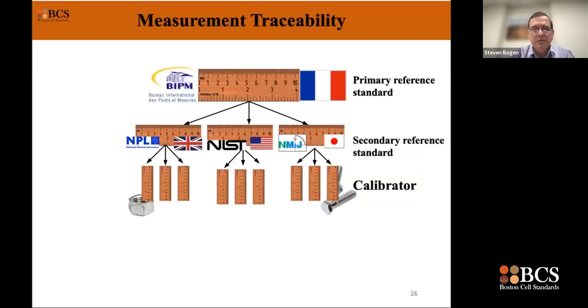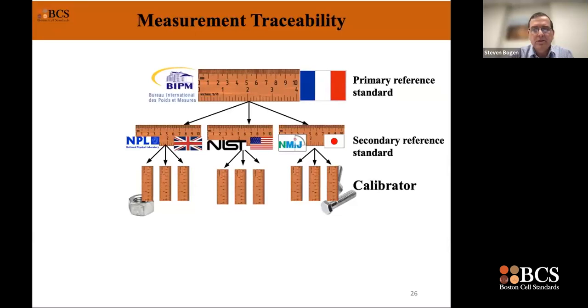Rather, a manufacturer of rulers checks the accuracy of their ruler manufacturing equipment against a higher order standard. And in the US, the highest order standard is at the National Institute of Standards and Technology, or NIST, here in the middle of this picture. The question then arises, how do I know that the ruler at NIST is accurate?